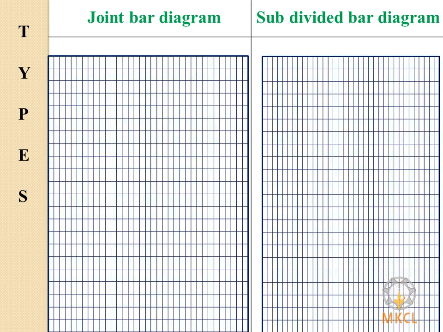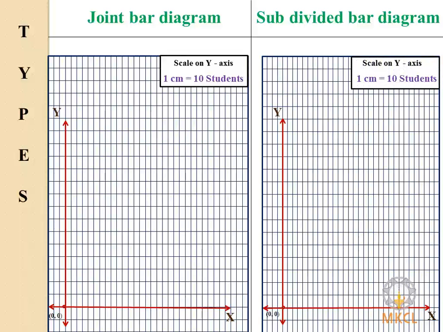These are two graph papers. First we draw the x-axis and y-axis on both graphs. Then the intersection point is denoted as (0, 0). On both graphs, we take scale on the y-axis as 1 centimeter equals 10 students.